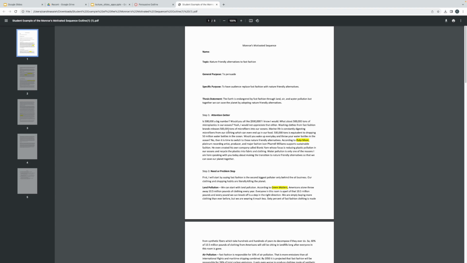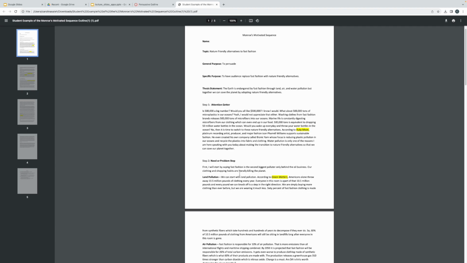So first, they had an attention getter. As you can see, the attention getter is fully detailed, not 1 or 2 sentences. You need to grab the audience's attention, so you need to give them enough information. And then right here on step 2, the student discussed the problems of fast fashion.